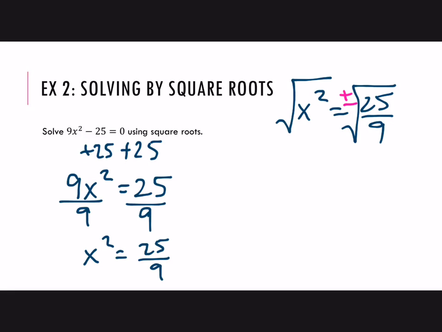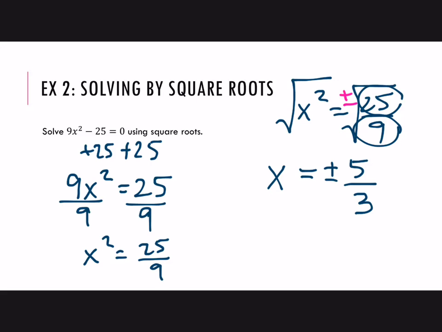Square root of x squared is x. And then over here we have plus or minus, and we actually can square root this entire fraction. So remember, you can square root the numerator and square root the denominator. The square root of 25 is 5, and the square root of 9 is 3.